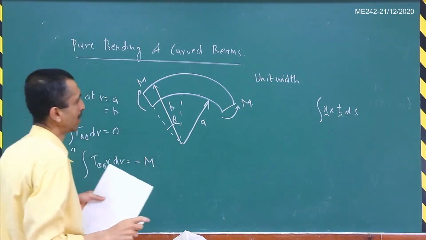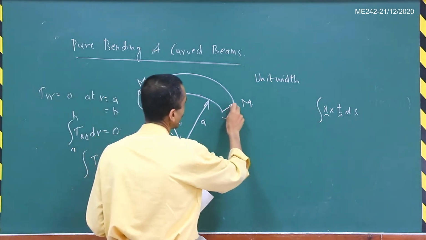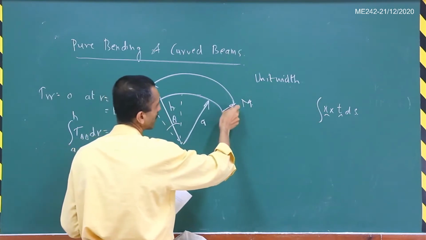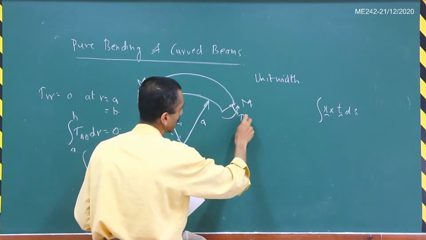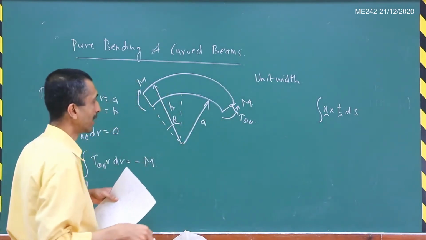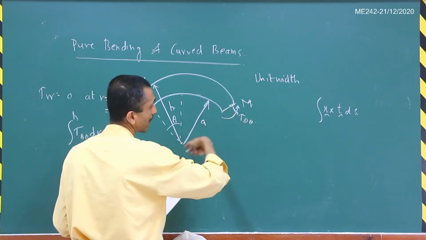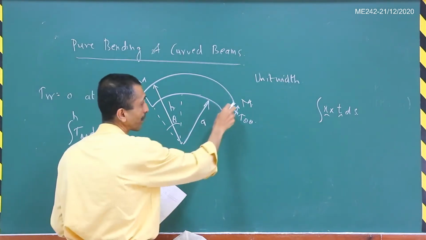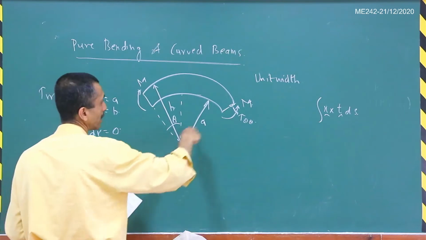One way to consider this is that if you take an element here, one can do it mathematically also, but physically, tau theta theta is what is acting along this particular direction on this element. Then r times tau theta theta will give you the bending moment on that element, and you integrate that over the entire surface.